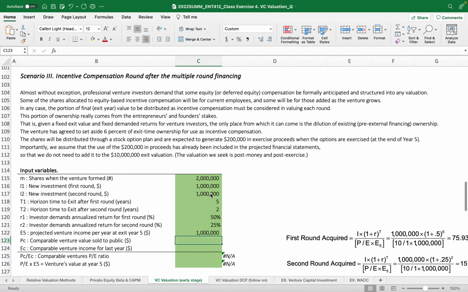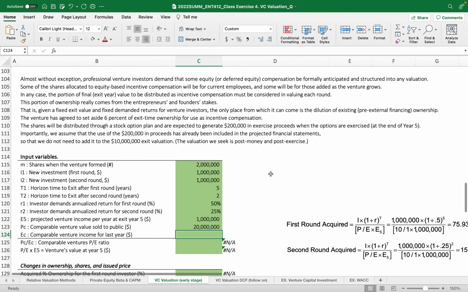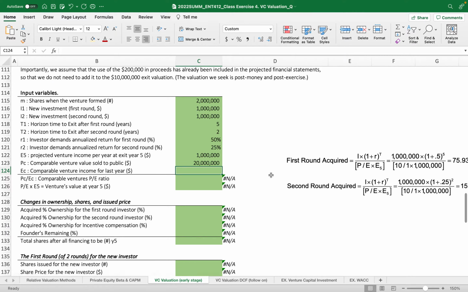So we are given 2 million, and the same as the previous scenario, 2 million was the comparable venture firms' income. Now, what is the PE ratio of the comparables?